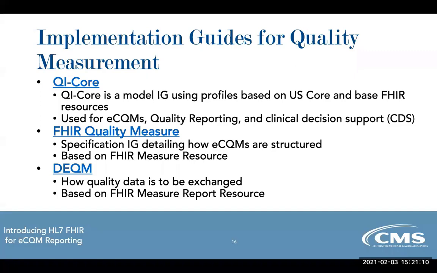The quality measure IG specifies how eCQMs are structured and is based on the FHIR measure resource. And we're going to look at all three of these IGs in a bit. And then the DEQM is how quality data is to be exchanged. So this is based on the FHIR measure report resource, as well as some other exchange mechanisms that can be used.